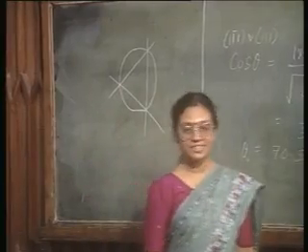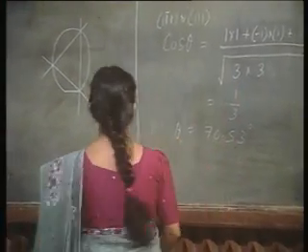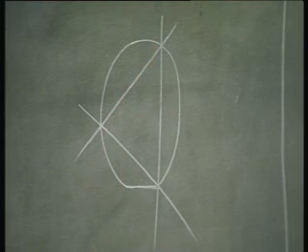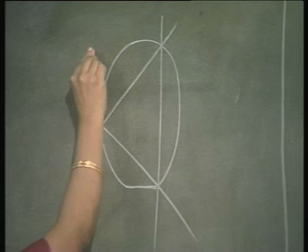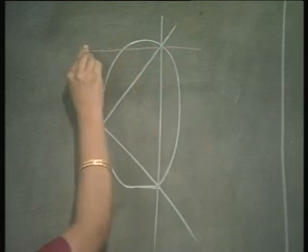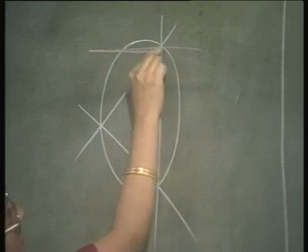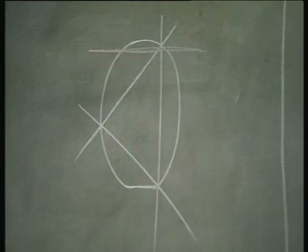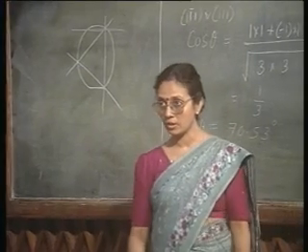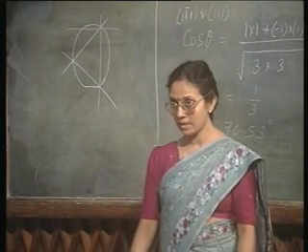I will nevertheless try. That is, I have put my first scribe line here. So, automatically I am going to try to scribe it. The next scribe line I am going to put like this. But this is not the natural cleavage direction, right.